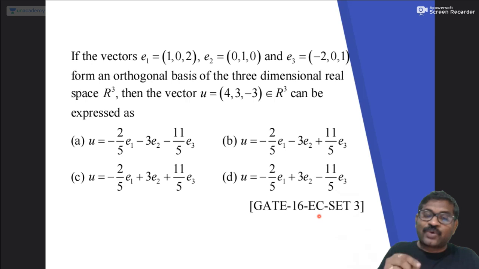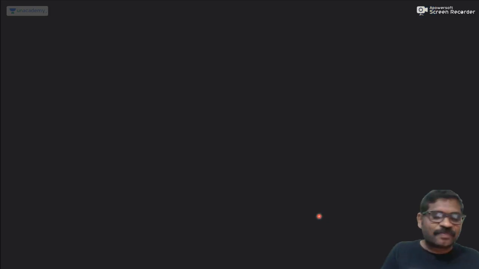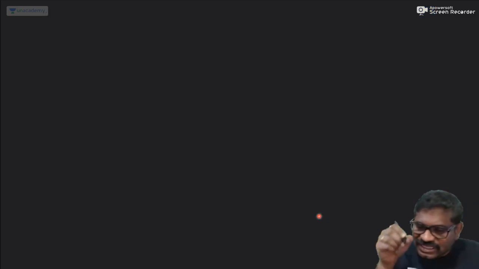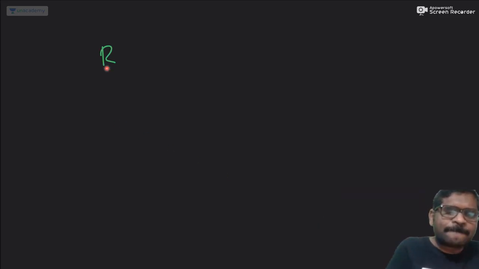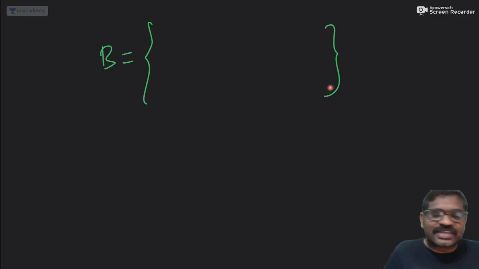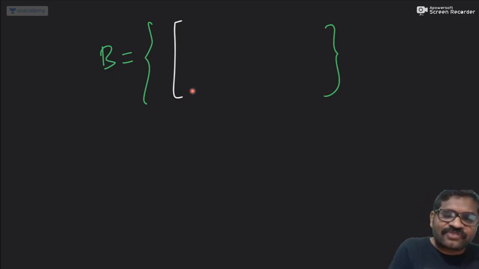Okay? Now, the vector 4, 3, minus 3 belongs to R cube can be expressed as. I have explained you the concept of basis. So here, in this problem, basis B consisting of 3 vectors. 3 vectors of dimension 3.